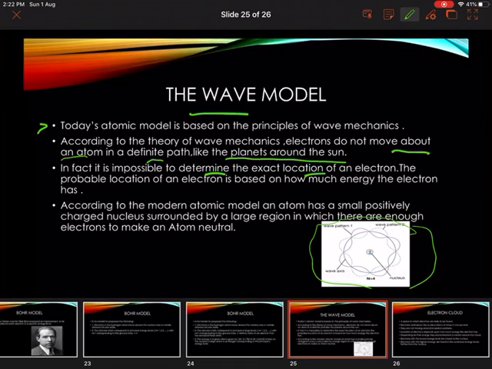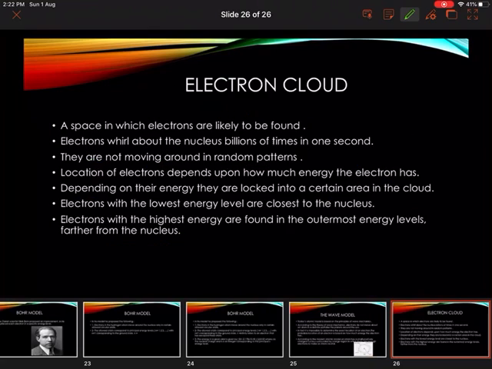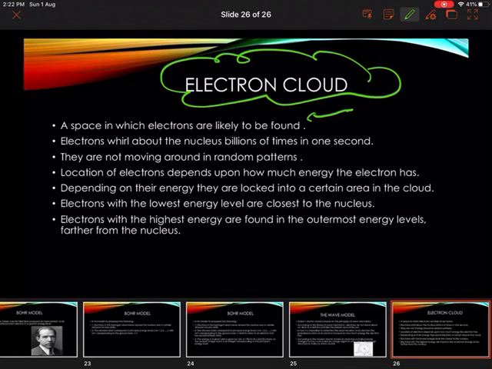In fact, it's impossible to determine the exact location of an electron. The probable location is based on how much energy the electron has. According to the modern atomic model, an atom has a small positively charged nucleus surrounded by a large region in which there are enough electrons to make the atom neutral. A space in which electrons are likely to be found we call an electron cloud.